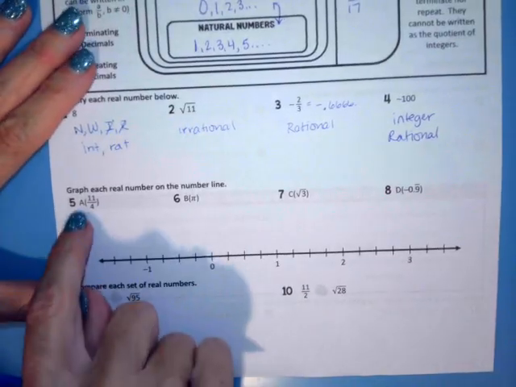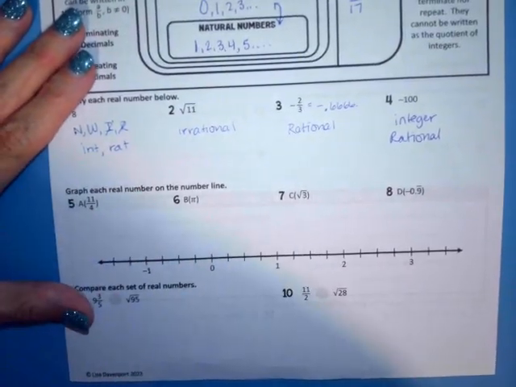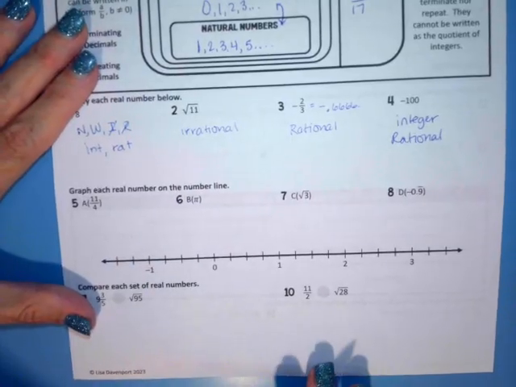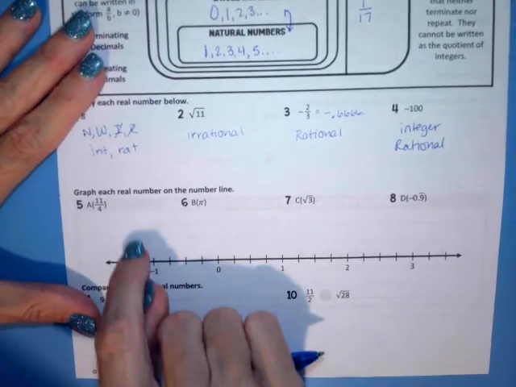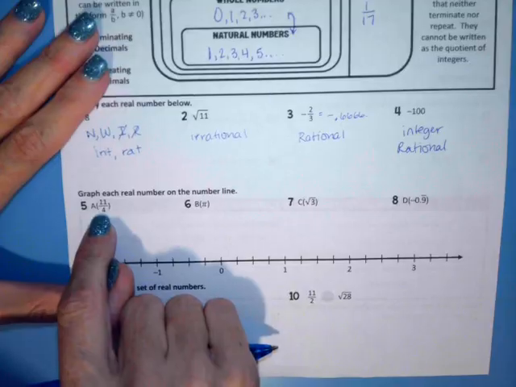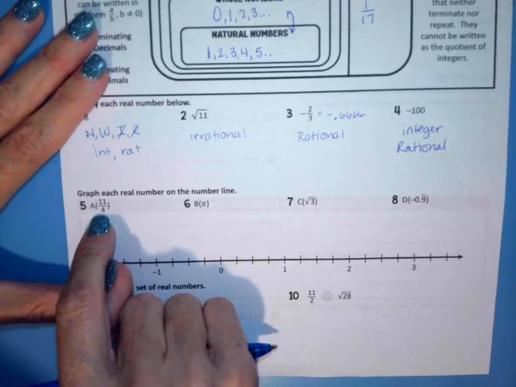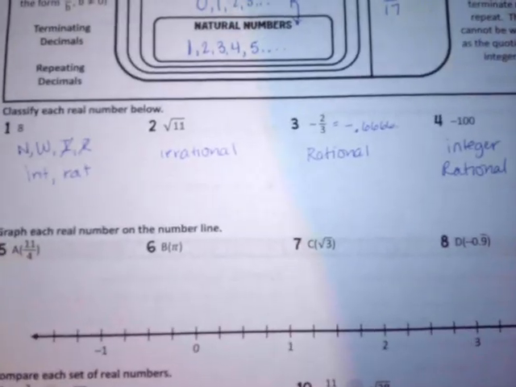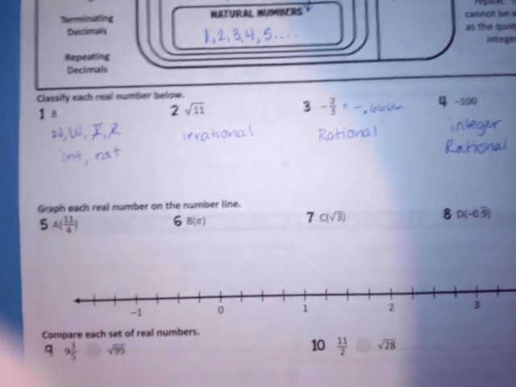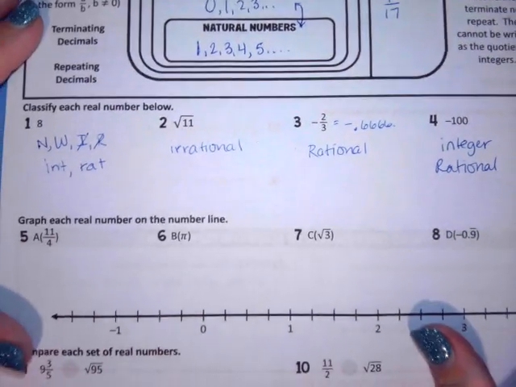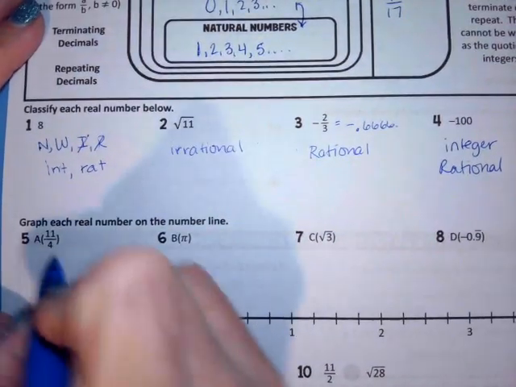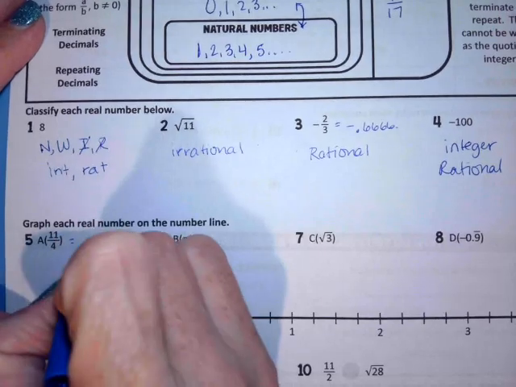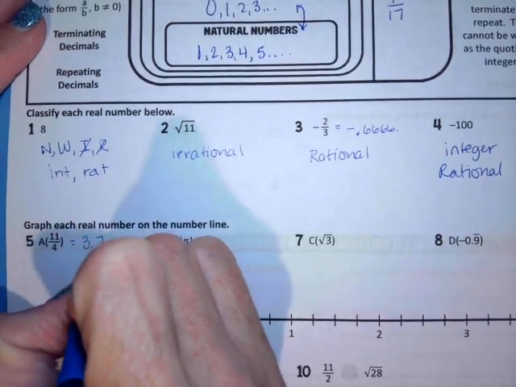Okay? All right, so now let's take a look at what it's asking us to do for 5 through 8. Graph each real number on the number line. Okay, so 11/4. If I do not know what the value of 11/4 is in decimal form, then I could use a calculator, and that's going to help me get the decimal value, which in this case would be 3.75.